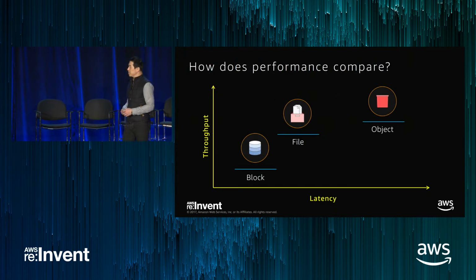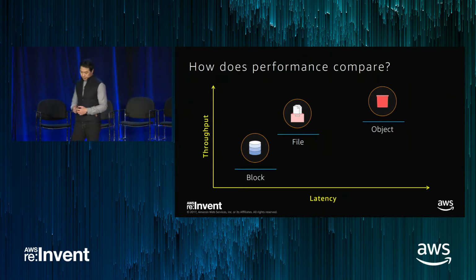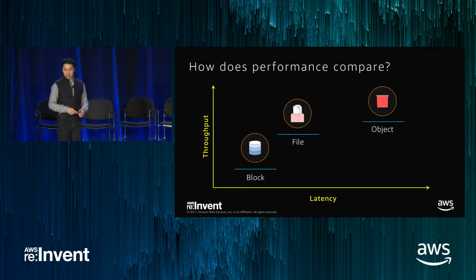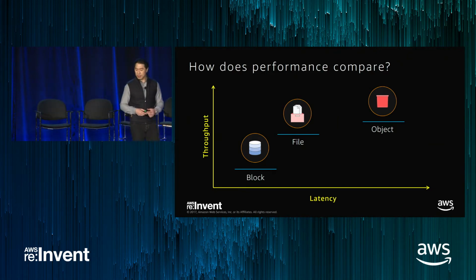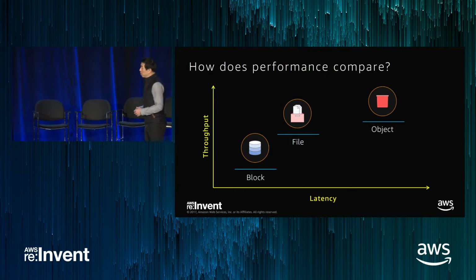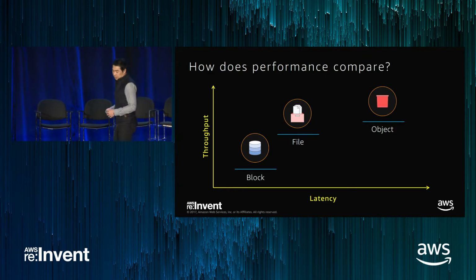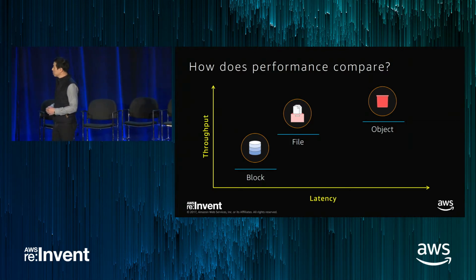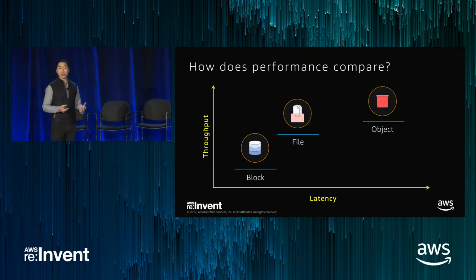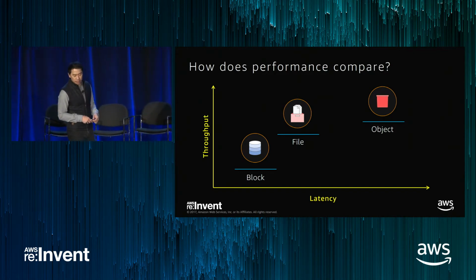So let's relatively compare these in terms of performance. Block is generally the lowest latency, but doesn't scale to the multiple gigabytes of throughput of both file and object. So it's ideal for applications like databases that are typically running on a single instance or computer and require the lowest latency.